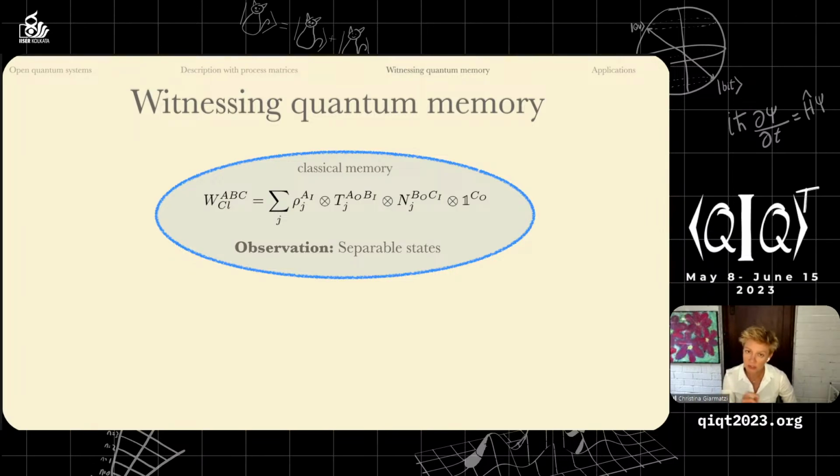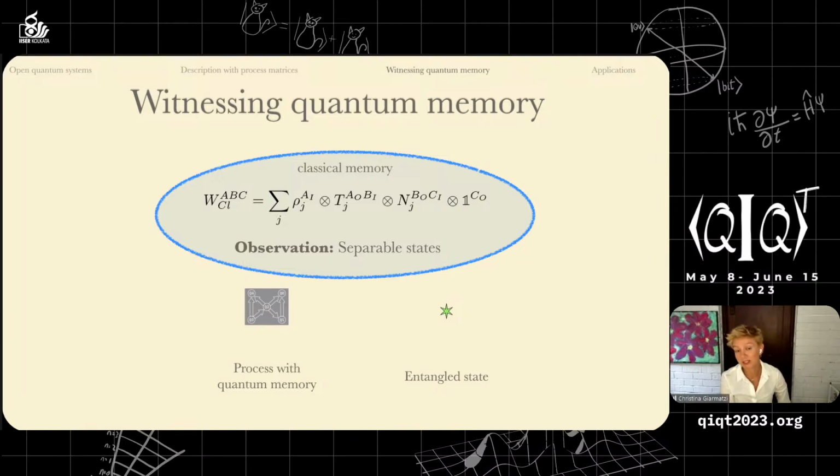It's not the opposite, it's not true, because the set of process matrices is a bit smaller than the set of states. So essentially this set is a bit smaller than the set of separable states. That's okay. So this means that an entangled state that is outside of this set will also be a process matrix that has quantum memory.